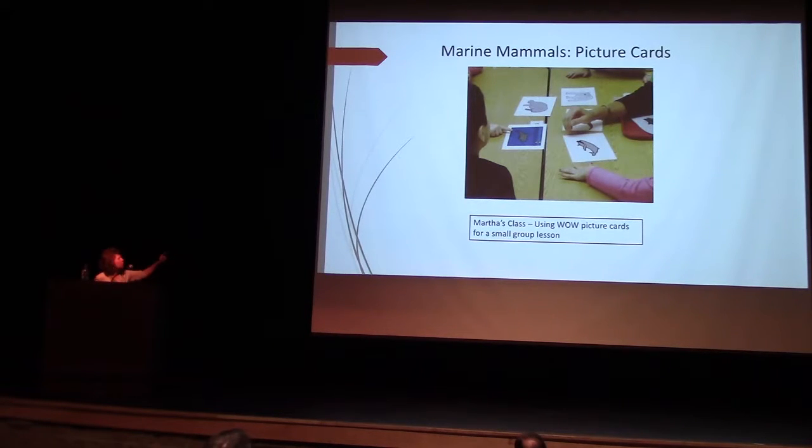We were trying to find out whether children knew the differences between a marine mammal and another fish. So we just asked children with our pictures to tell us the difference. We take a random sample of children in a classroom. We say, let's do a little game and a task, and we check for their understanding in 2-minute bits. And we get a better understanding of whether or not our teaching is sticking.